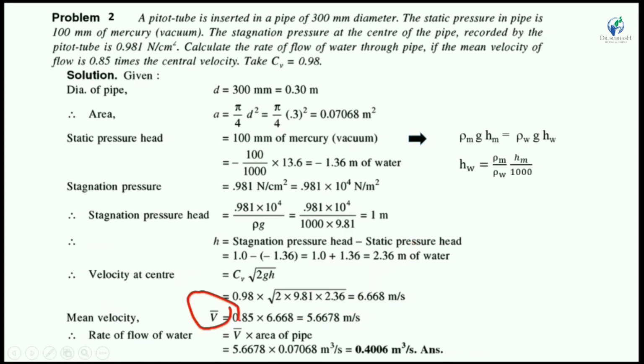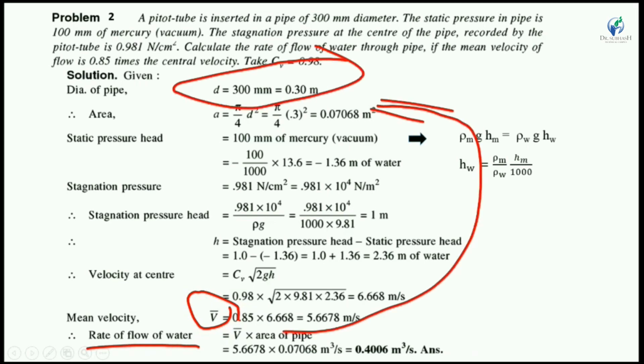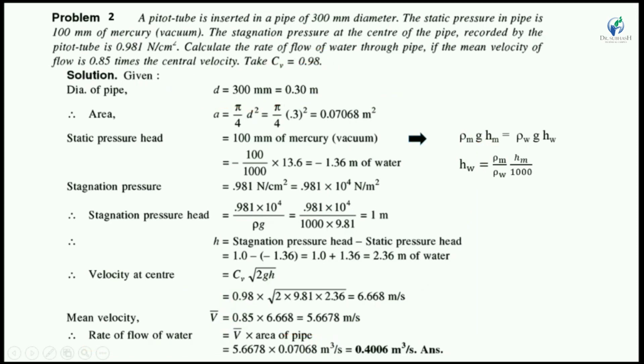From the mean velocity we find the rate of flow, the discharge of water: mean velocity times area of pipe. The area of the pipe we can find from the diameter, pi by 4 d square, because it's a circular section. So finally we get the discharge, 0.4006 meter cube per second.